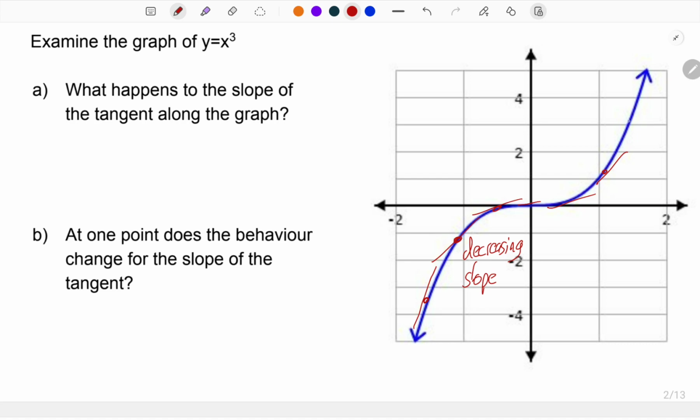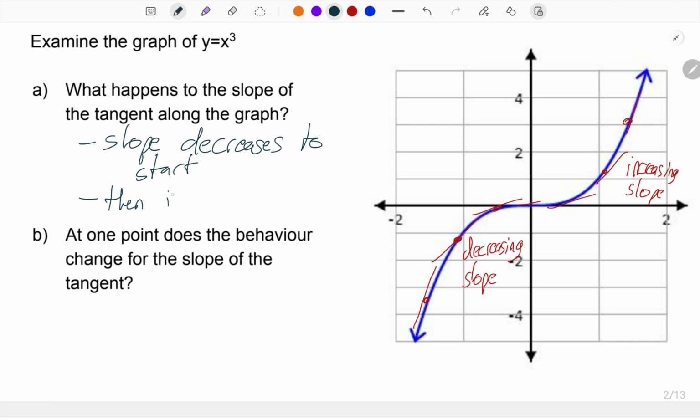I'm just going to draw some slopes, which are very rough ones, but we can see that the slope is increasing. So what I'll say is slope decreases to start, then increases after or later.